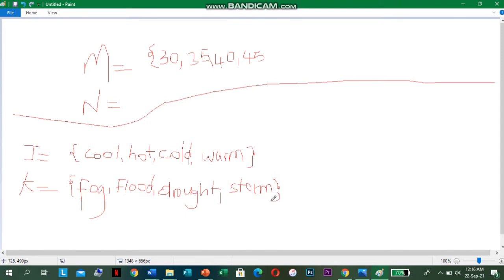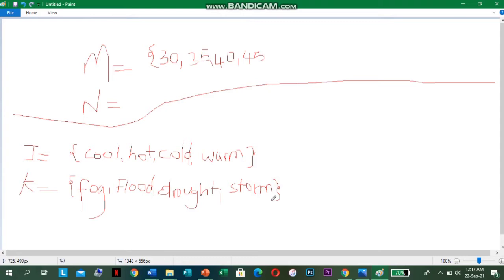So in set J, we have cool, hot, cold, warm. In set K, fog, flood, drought, storm. Now we want to know the disjoint set here. Do an example of a disjoint set here. Now we say that the intersection doesn't have anything, right? For a disjoint set, the intersection has nothing in there.